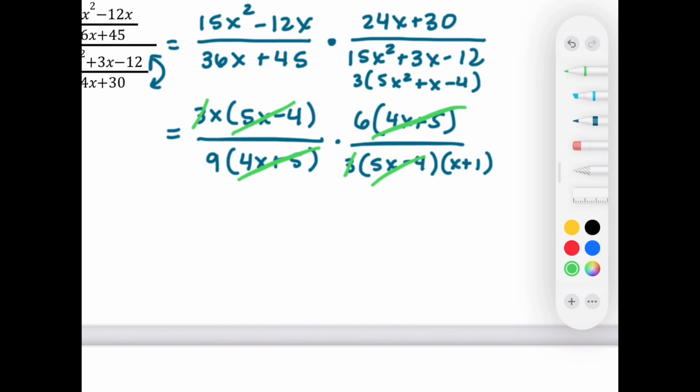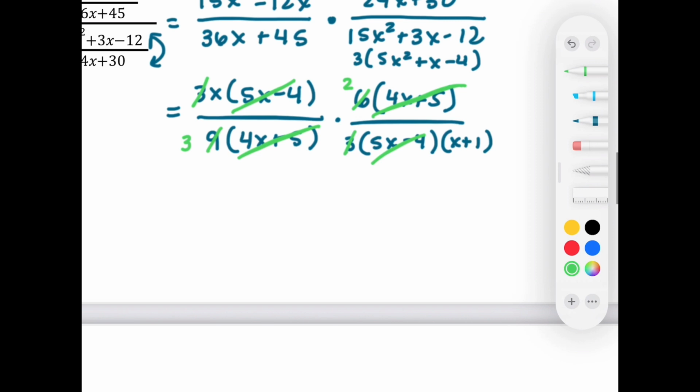And then 6 divided by 9 is going to leave us with 2/3. So we don't have that much left. So let's look at what we do have left. We have an x up top. We have a 2 up top. So 2x. And that's it. And then on the bottom, we have a 3. And then we have an x plus 1.